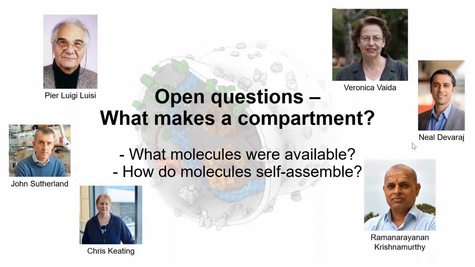So what kind of molecules were available and could self-assemble into compartments. These are just some of the people contributing to answer these questions; I'm sure I've left someone out.